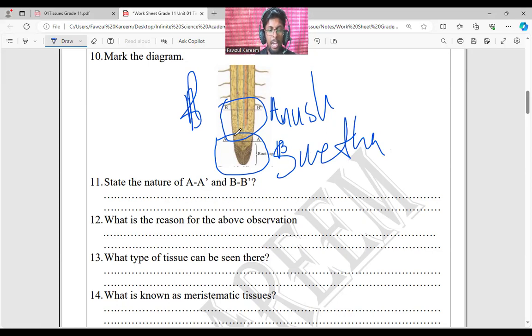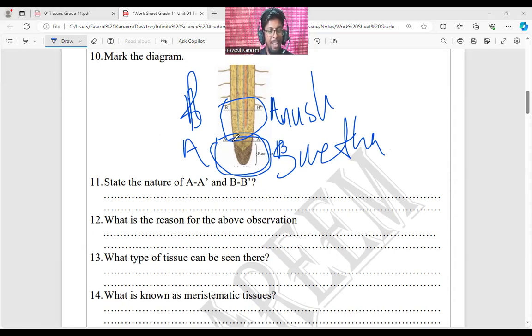Sweta, what's the area in A part? Whether it is permanent tissue or meristematic tissue? No reply. What's the reason?